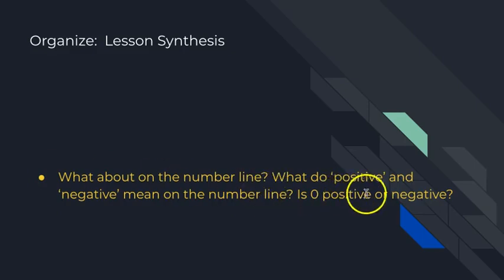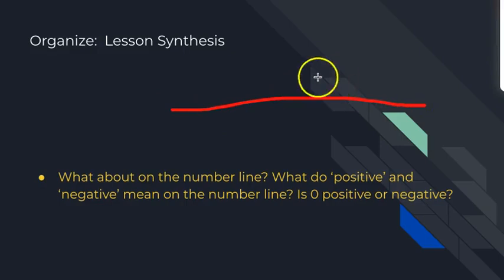So what about a number line? What does positive mean and what does negative mean? Well, when you talk about a number line, anything to the left of that 0 is a negative number.